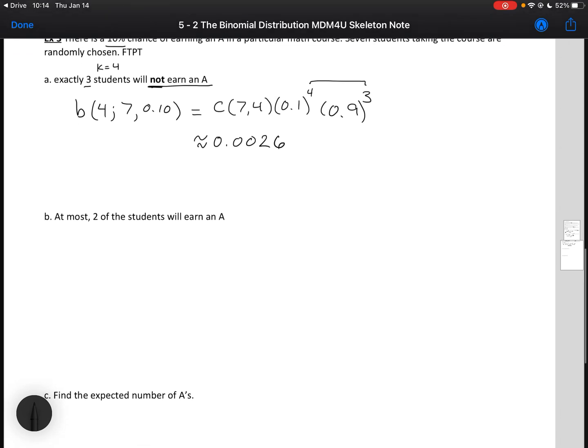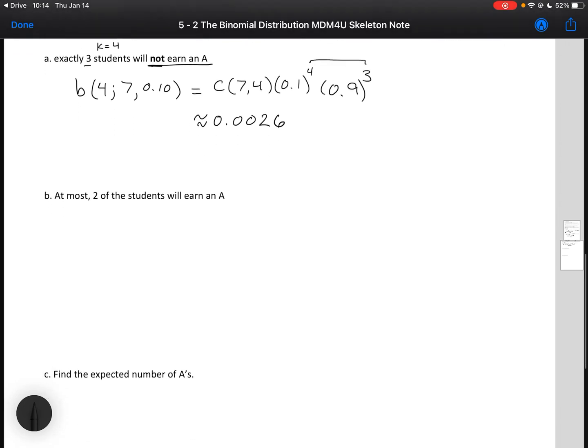In example B here, the language is going to change again, and it says at most 2 of the students will earn an A. So the probability that at most 2 students are going to earn an A is going to be equal to the probability that no students earn an A, plus the probability that 1 student earns an A, plus the probability that 2 students earn an A. We need to consider all 3 of those possibilities.